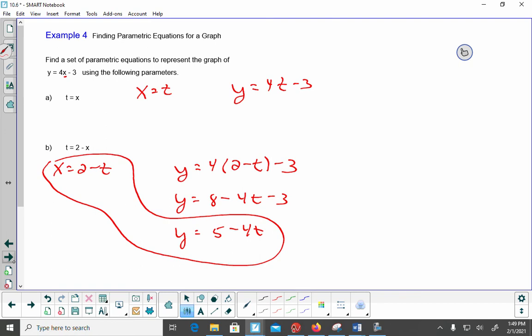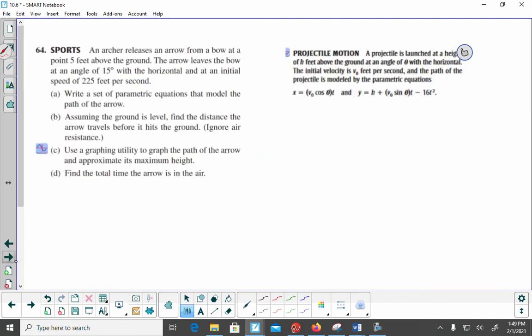Okay, and the last thing is using your calculator. So you are able to graph on your calculator. This is actually number 94 in your book. You are able to graph a parametric equation. So for the last couple problems, they're asking you to use the equations for projectile motion. They're trying to show you that this gives me my horizontal distance of an object.